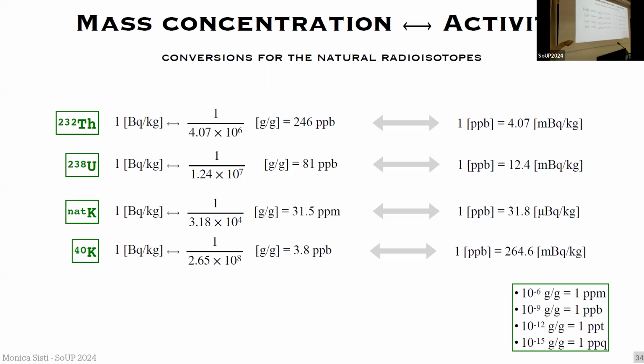So 1 ppt, 1 part per trillion, is about 4 millibecquerel per kilogram in thorium, about 12 millibecquerel per kilogram in uranium, and about 265 millibecquerel per kilogram for potassium 40. So these are the numbers.